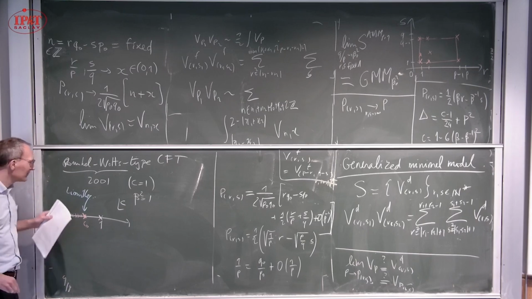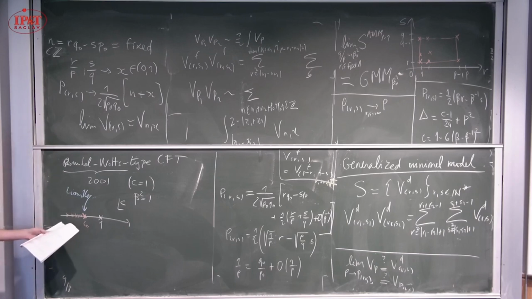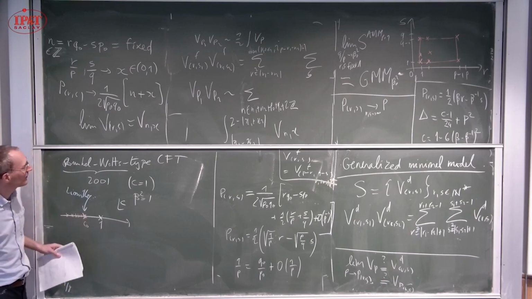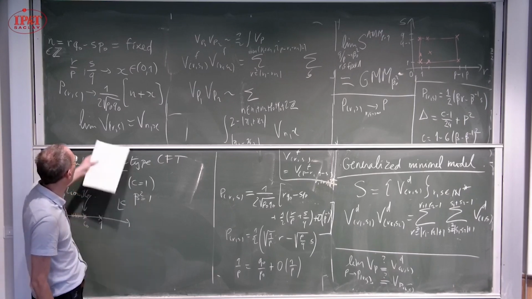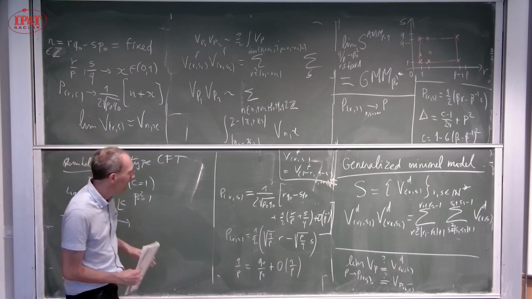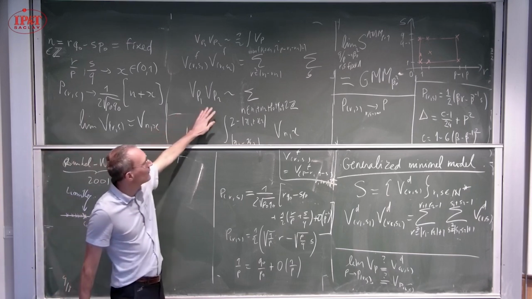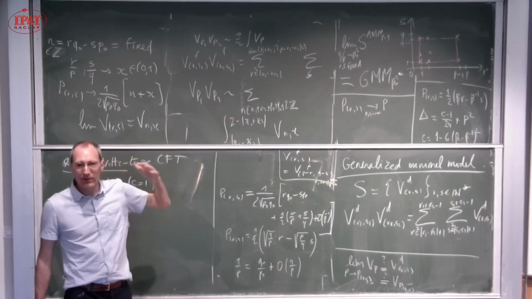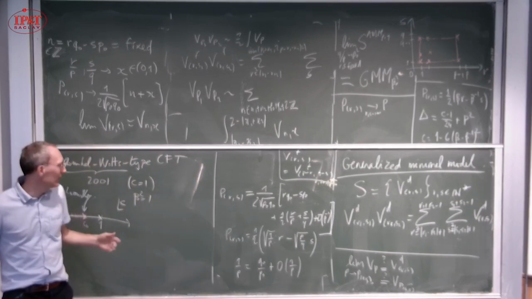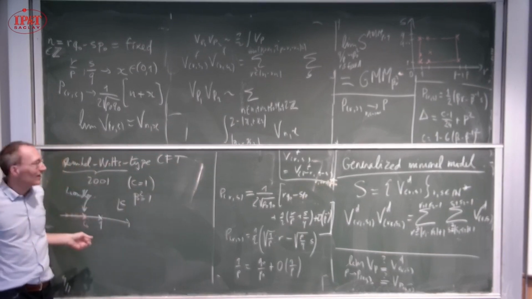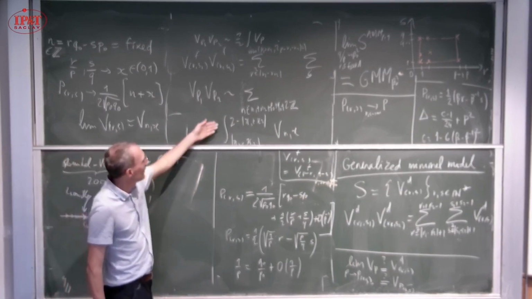Now, this claim can look a bit paradoxical because Liouville theory has trivial fusion rules, right? In Liouville theory, VP1, VP2 gives you an integral over all possible momentums, but here I'm claiming that in the limit, I only get a subset of that.